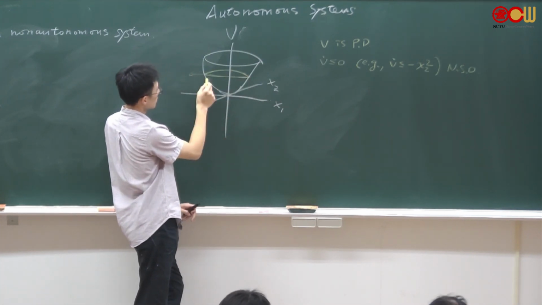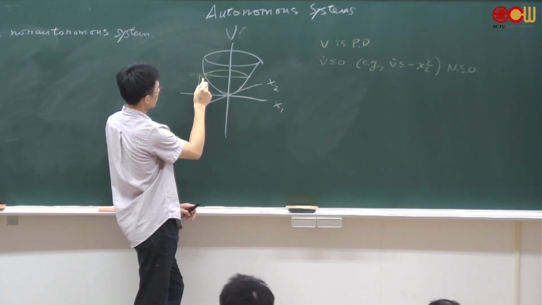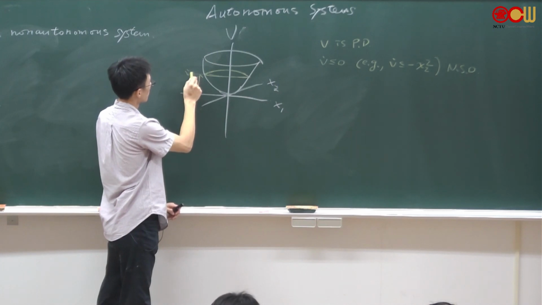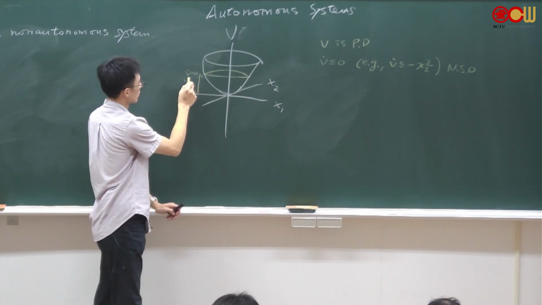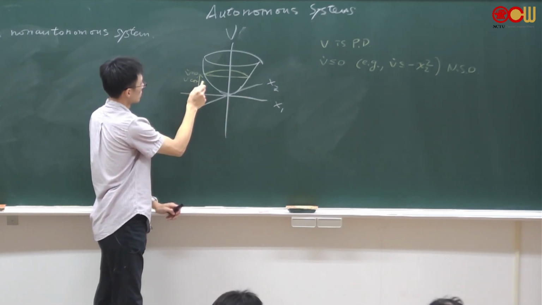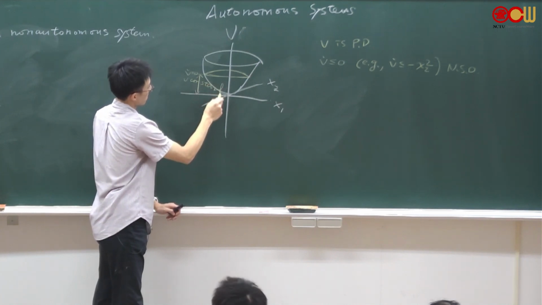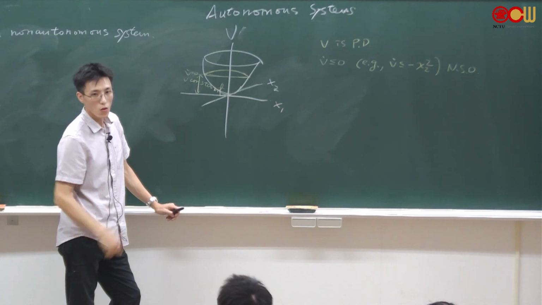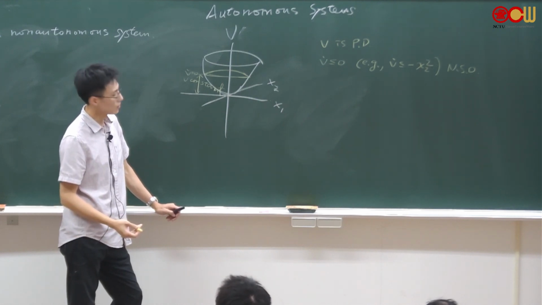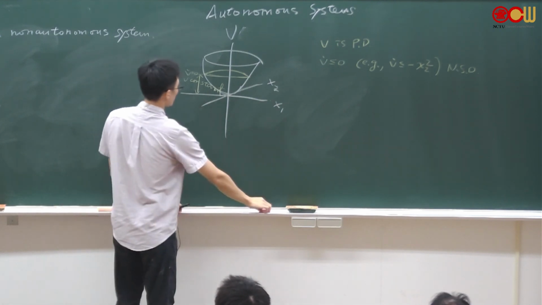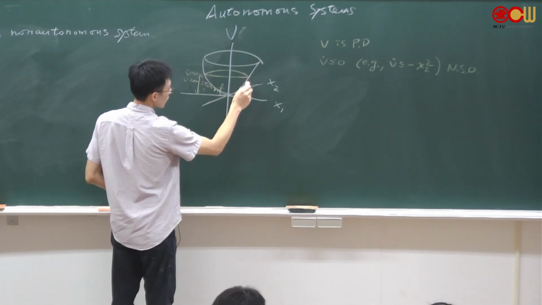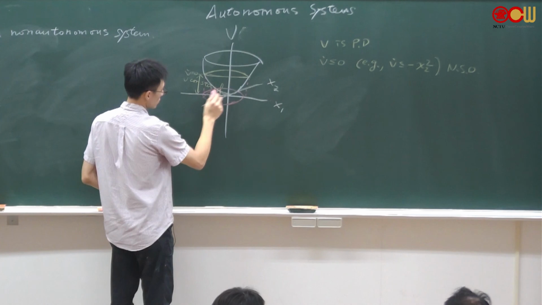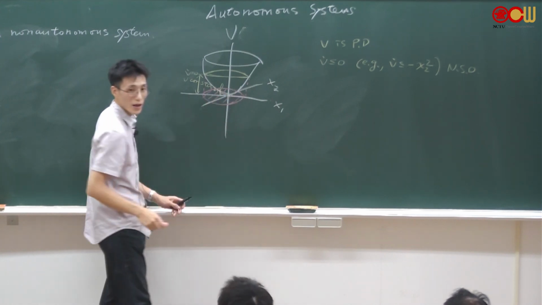V is a constant because V dot is 0. So what's the invariant set in this case? The invariant set is the projection of this V onto the state space or the phase portrait, right?